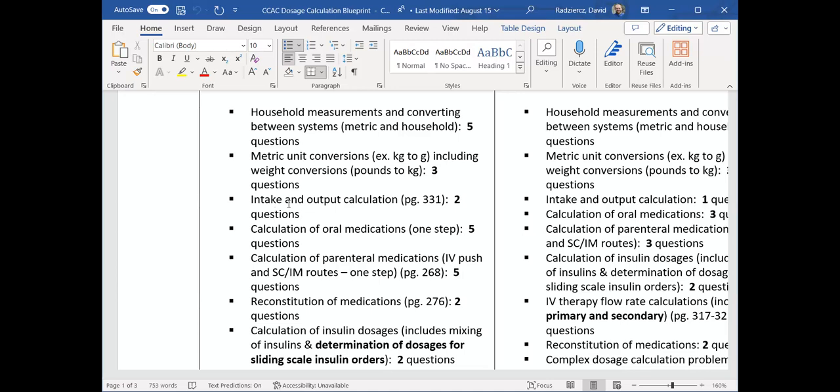They care more that you put the correct thing down. If it was in capsules and you wrote milliliter, then that's the wrong thing, or it was a tablet and you wrote capsule.